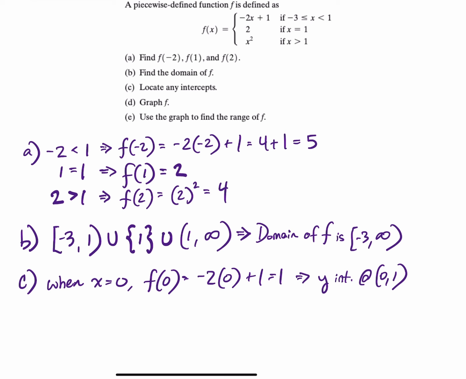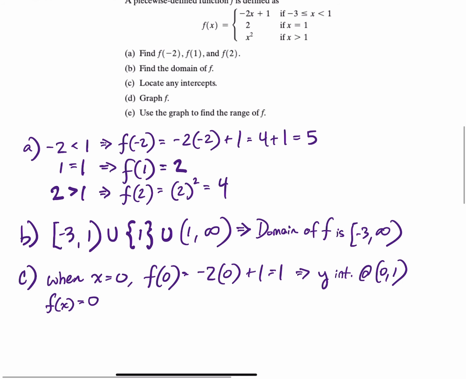Now where's the function equal to 0? Where's f of x equal to 0? This will tell us where our x-intercept is. Well, without graphing it, how can we tell? Well, let's see for each individual condition. The first one is negative 2x plus 1. Set that equal to 0.